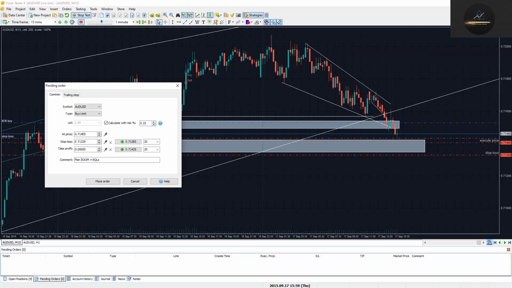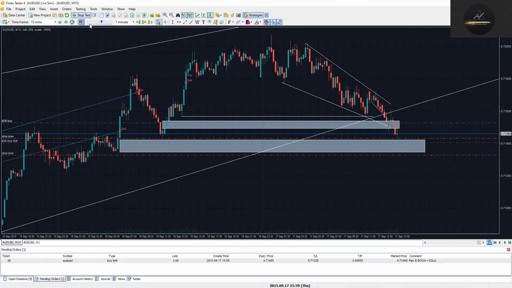Plan B, boom. Still got the equal lows, so I'm going to leave that there. And we'll just do half a percent because now it's a boomerang. I'm going to do a quarter of a percent, wait for the M1 breaker structure to then scale in. So let's see what happens.